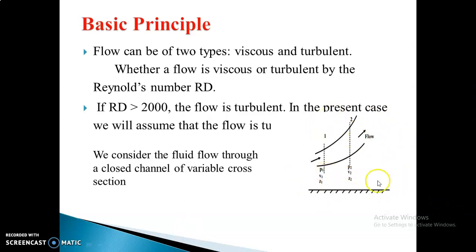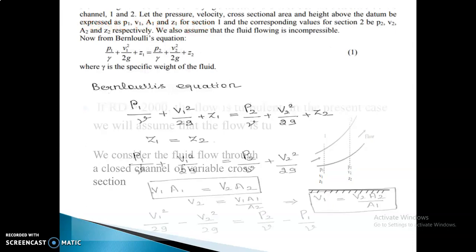Likewise, we are considering how Bernoulli's theorem works for this. Here the flow is through a varying cross section, and the fluid flowing is incompressible.